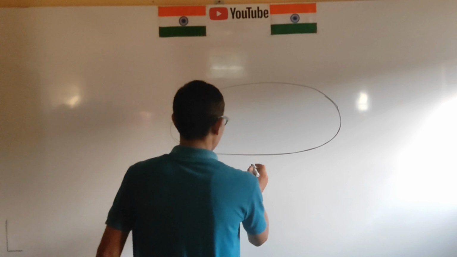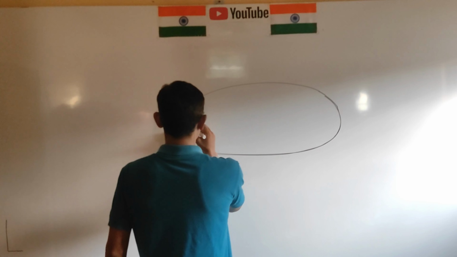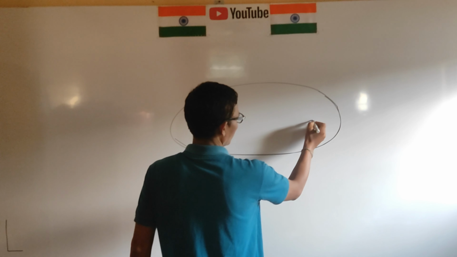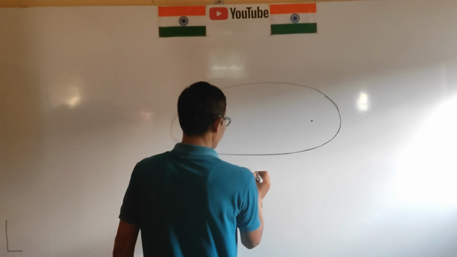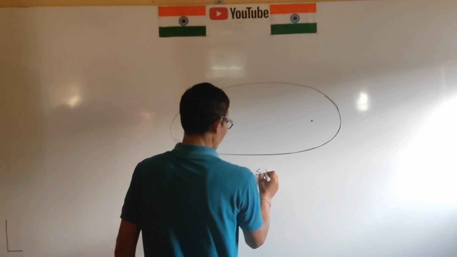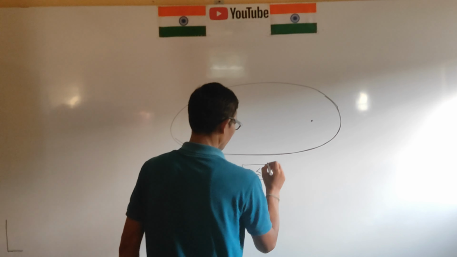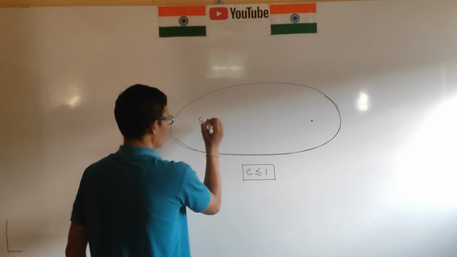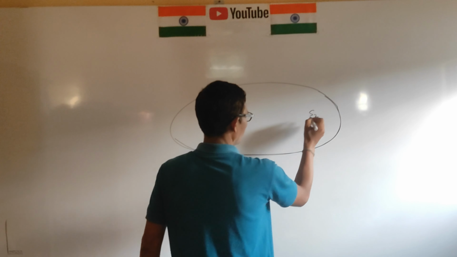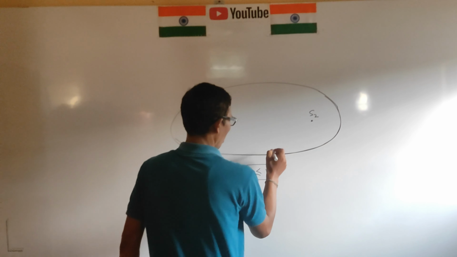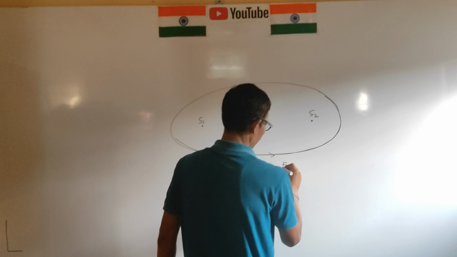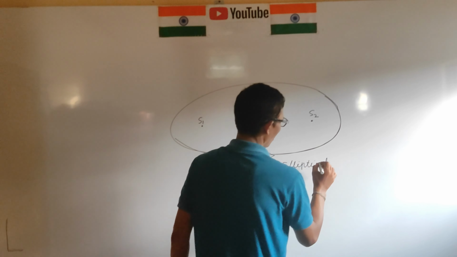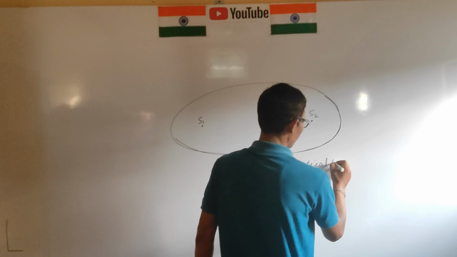If the center is here, the eccentricity is less than 1. There are two foci, S1 and S2, and this is the elliptical path, or elliptical orbit.